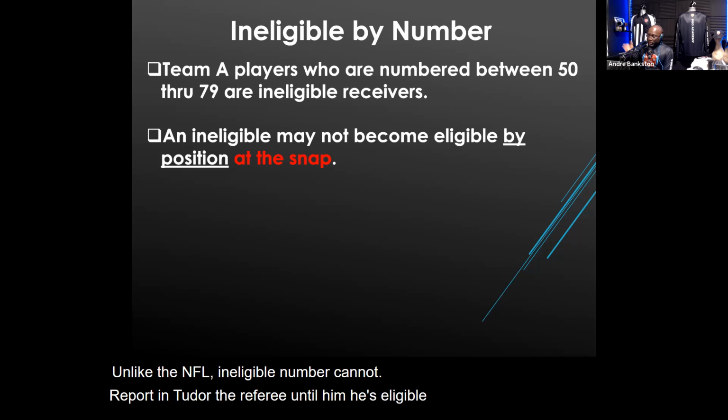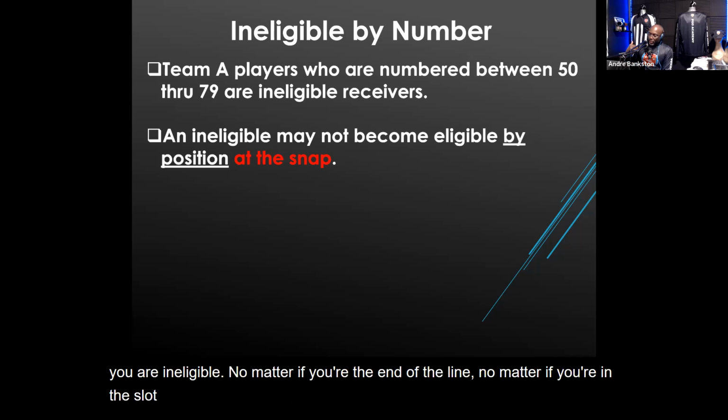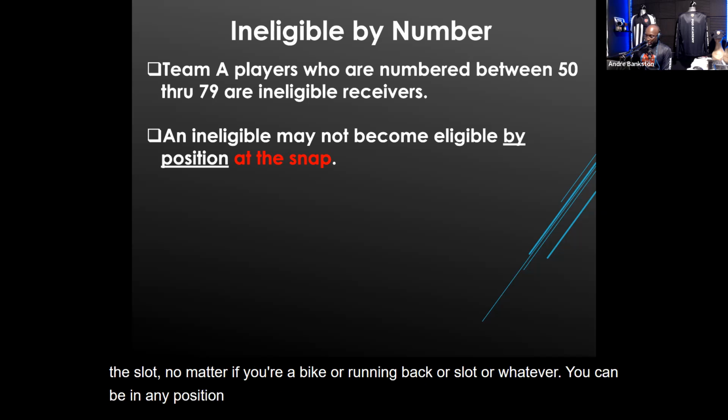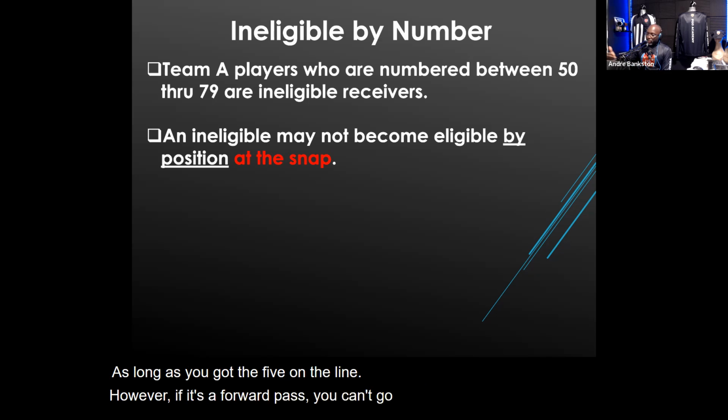If you're wearing 50 to 79, you are ineligible. Doesn't matter if you're the end of the line, in the slot, or a running back. You can be in any position you want as long as you've got the 5 on the line. However, if it's a forward pass, you can't go downfield, and you cannot catch or bat or muff the ball.